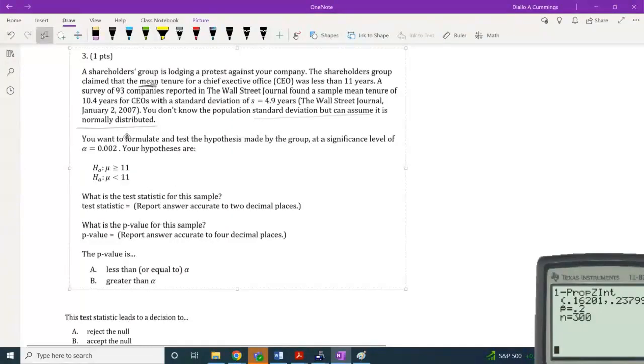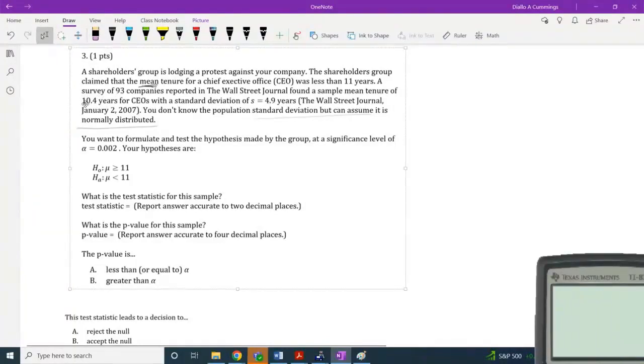So notice in this problem, they actually give us 2 mean values. It says that the shareholders group claimed that the mean tenure for a chief executive officer was less than 11 years. But when you surveyed 93 companies, you found that the mean was 10.4. So they're giving us 2 means. This first mean is an educated guess. The second mean, they actually surveyed 93 companies and found this mean from a sample.